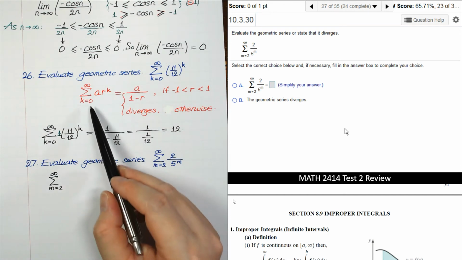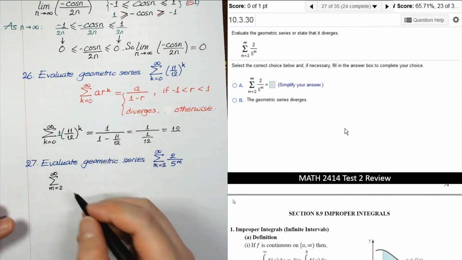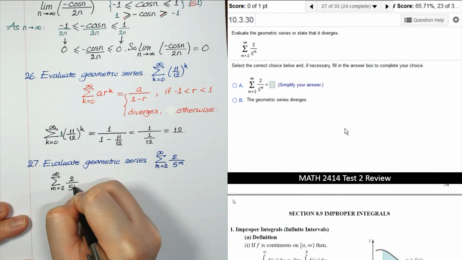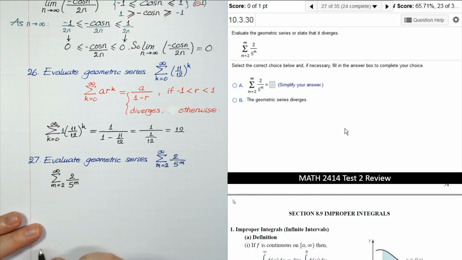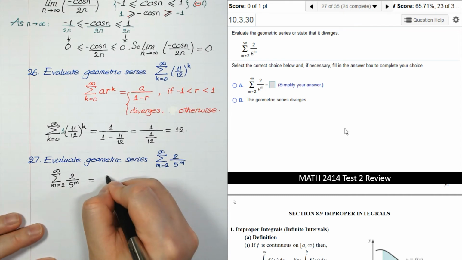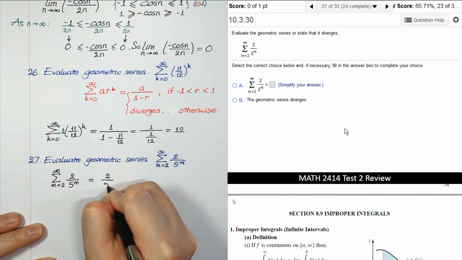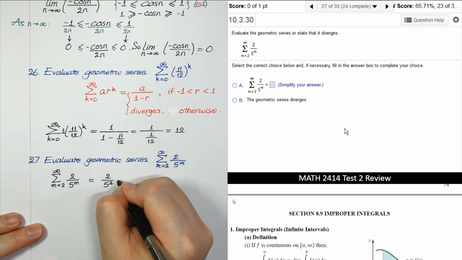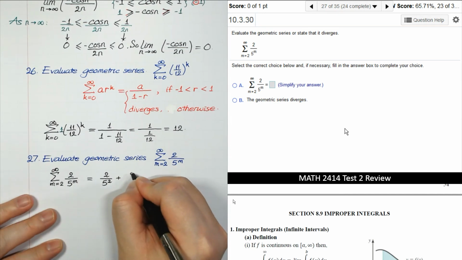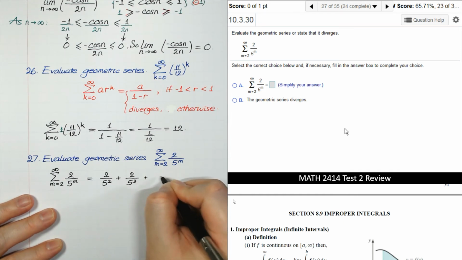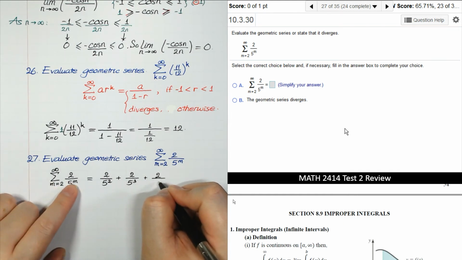Notice that the formulas here are not the same. So we actually have to write it out if we need to. If we put 2 in, the first one starts with 2 over 5 squared. And then next, I'm going to put 3 in. And then next, put 4 in.